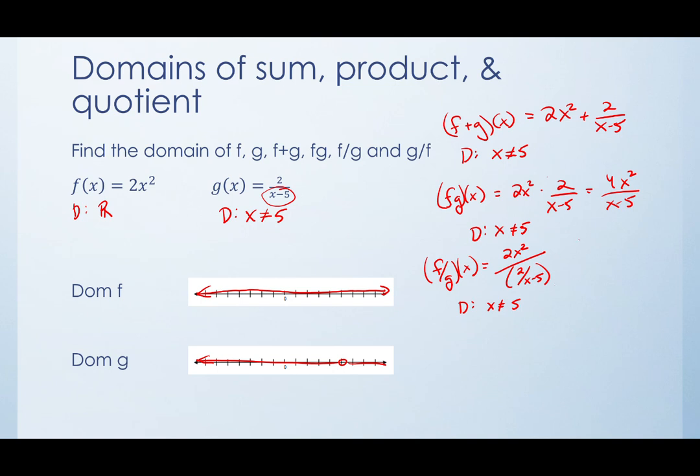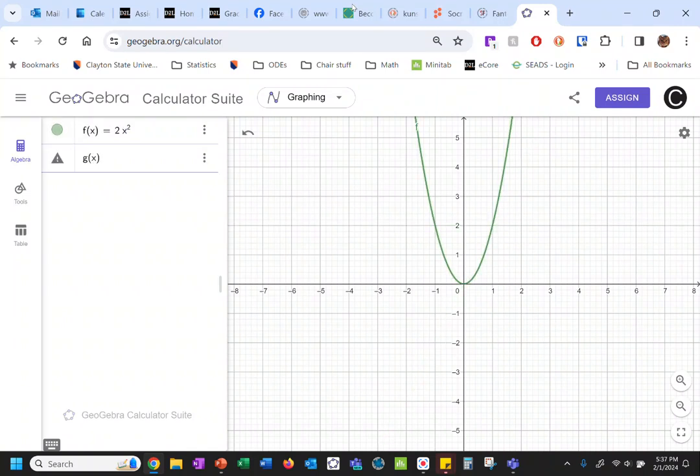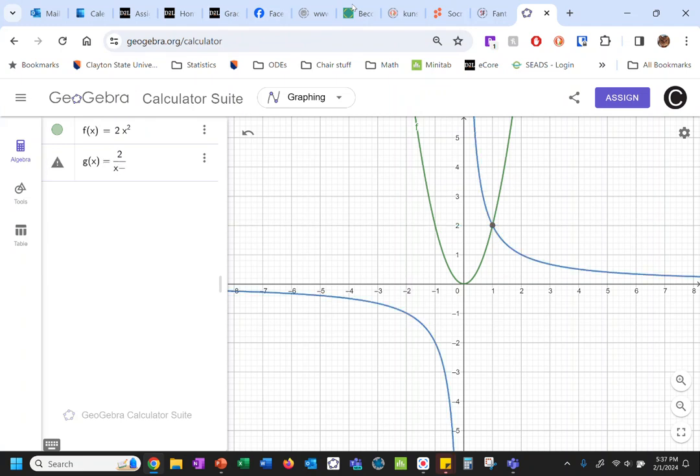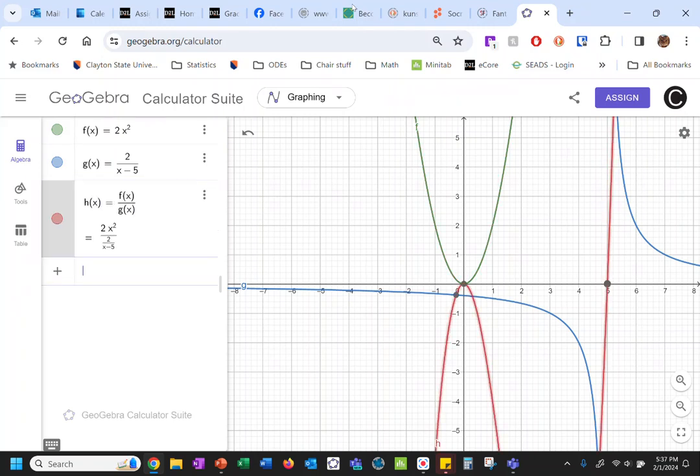However, I do want to show you something. This is why you can't blindly trust your computer algebra systems. If we say, okay, let f of x be 2x squared, g of x be 2 over x minus 5, and h of x be f of x over g of x, you can see it's got it defined there.